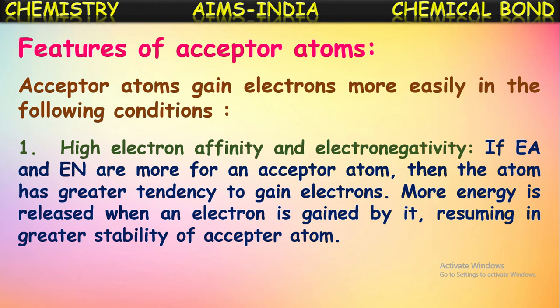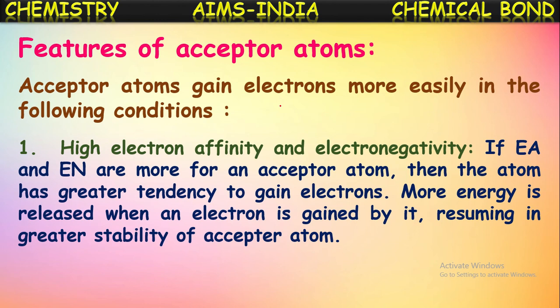Okay, now let us see here. If electron affinity and electronegativity are more for an acceptor atom, then the atom has a greater tendency to gain electrons. More energy is released when an electron is gained by it, resulting in greater stability of the acceptor atom. The atoms which have greater electron affinity and electronegativity can attract electrons very easily towards them, and they can release more energy while taking those electrons.